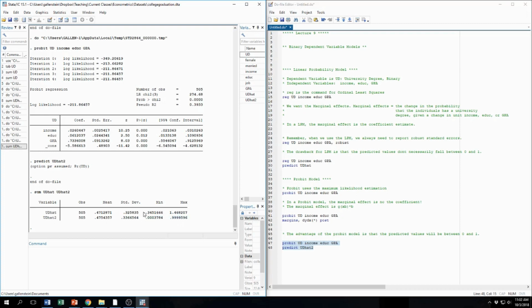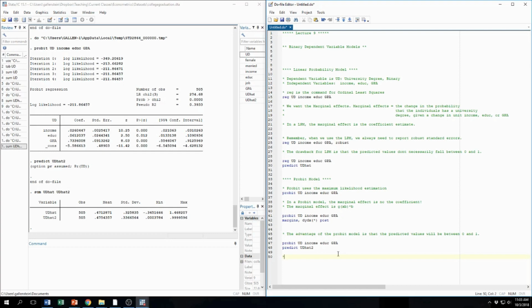But UD hat goes below 0 and above 1. So this is one of the major differences, and this is the advantage of the Probit model: the predicted probability is bounded between 0 and 1. If I need to generate predicted probabilities for my analysis, then I will use the Probit model. If I don't need that, then I'll probably use the linear probability model.